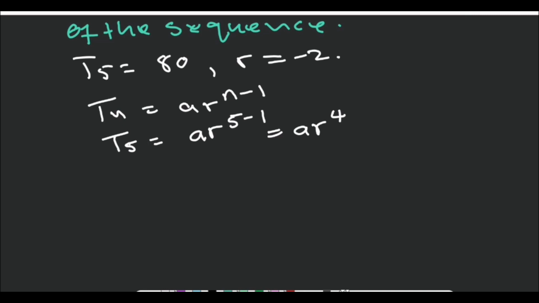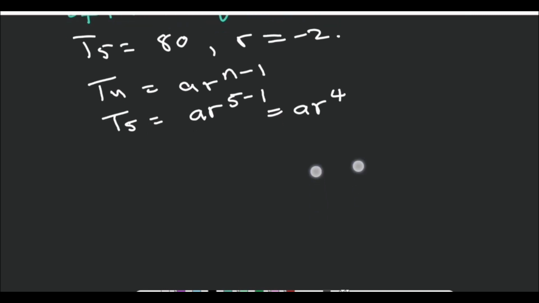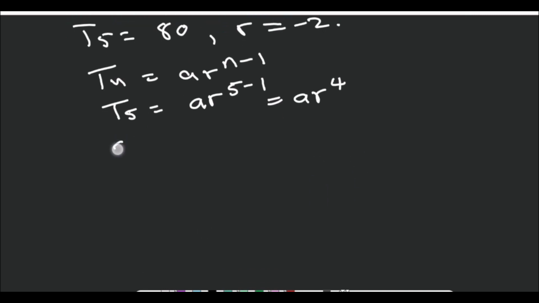So let's use that idea and the values that were given. All right, what is the value of T5? The value of T5 is given as 80, which is equal to, what is a? We do not know a, right? It's part of what we want.